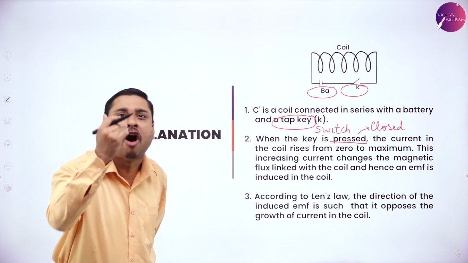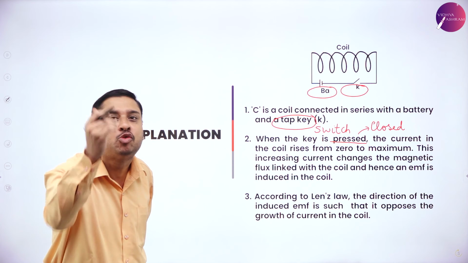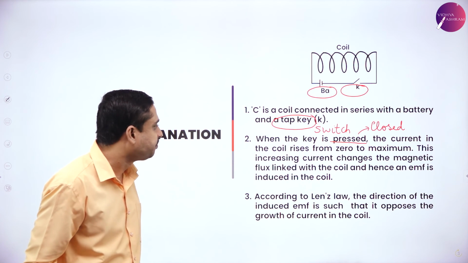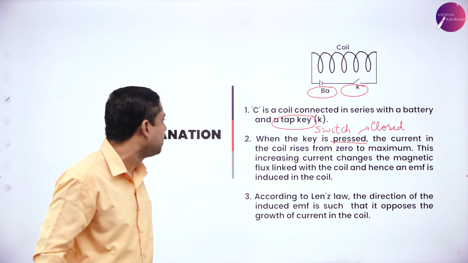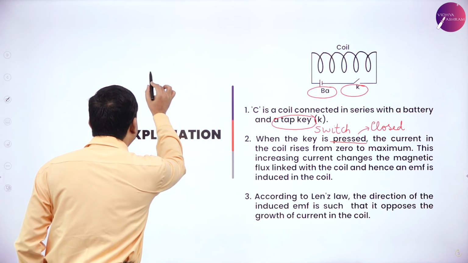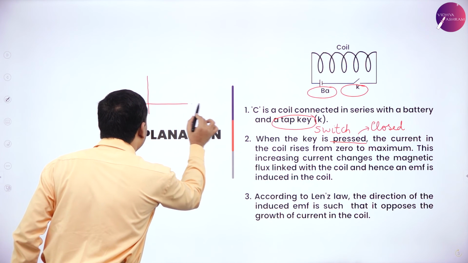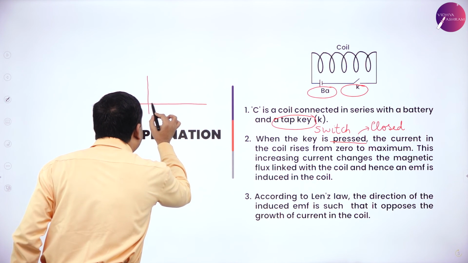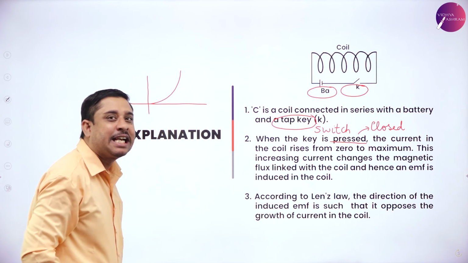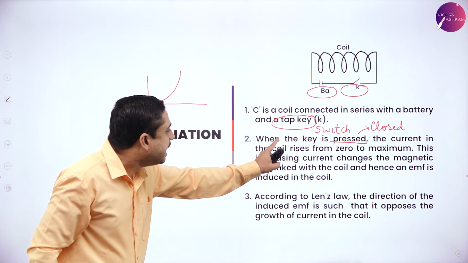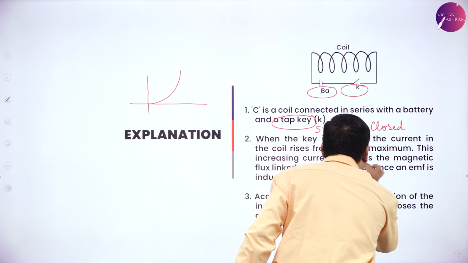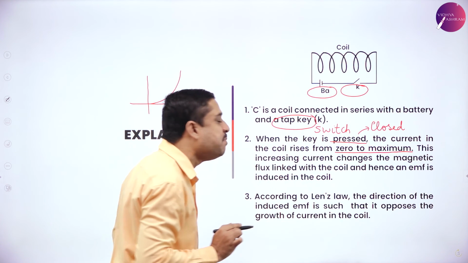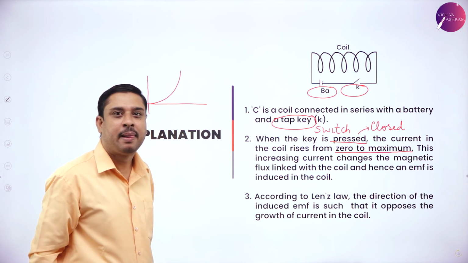There is no flow of current. The key is open. Now, when the key is pressed, what happens is, slowly the current rises from 0 to a maximum value.